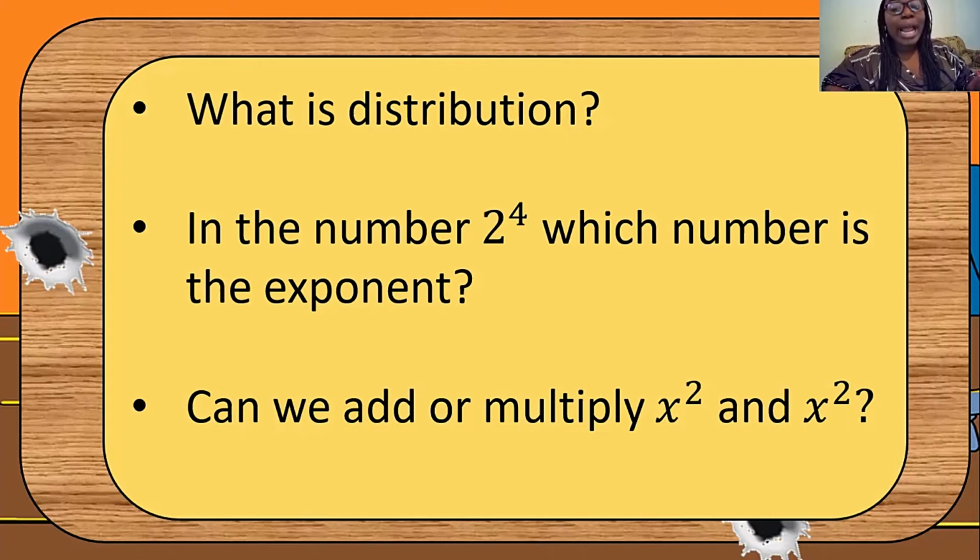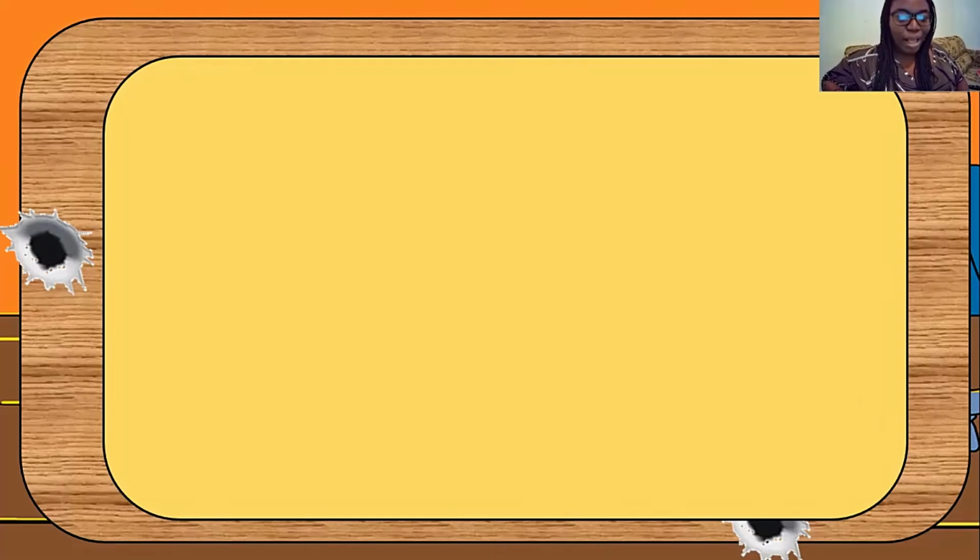We can also multiply them because they are the same base. When the bases are the same, you add the powers. The powers are the exponents, and both of them have the exponent of 2, which is squared. So x squared times x squared gives you x to the 4th power. Keep the base, add the powers.